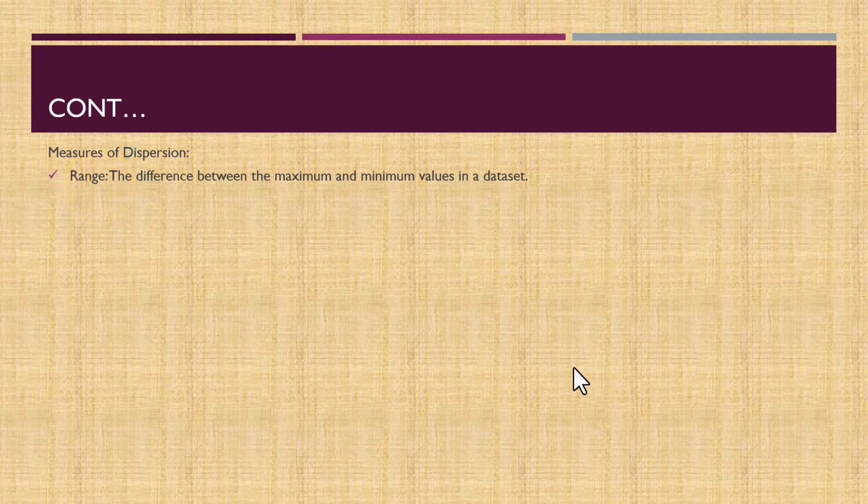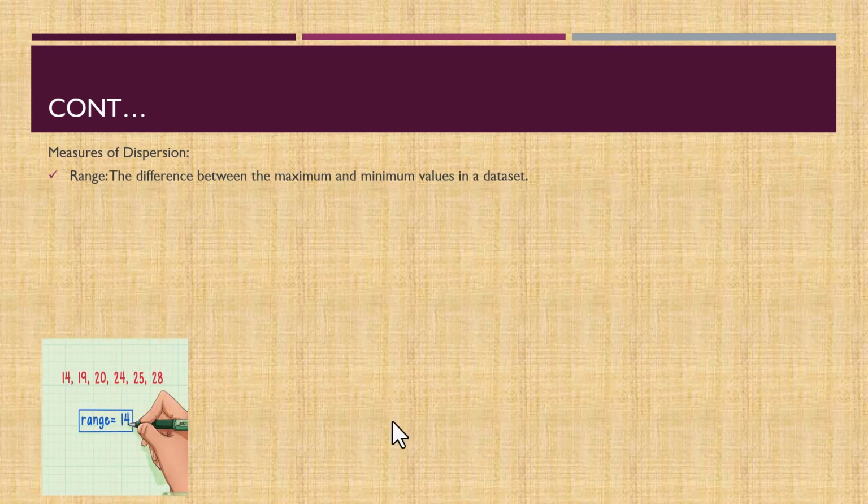For example, if you have income of people in Uganda shillings, and maybe the highest income is 200 million, and the lowest is 200,000. So the difference between those two values would be the range. For example, the biggest value here is 28 minus 14, so the range would be 14 in this regard.